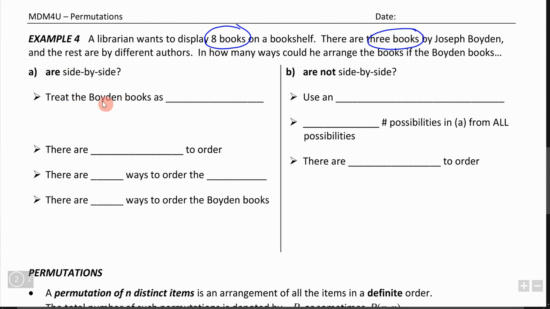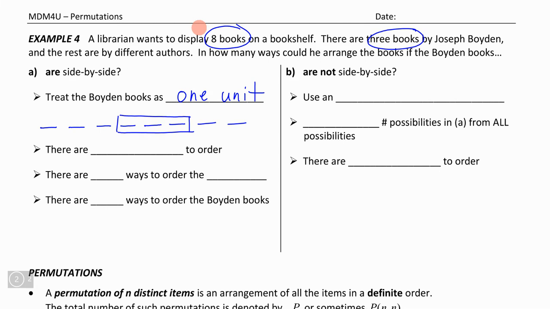Well, we could treat the Boyden books as 1 unit. So if I have 8 books arranged on the bookshelf, so 1, 2, 3, 4, 5, 6, 7, 8, I can treat the 3 Boyden books as 1 unit. So I'm going to just circle 3 spots like this.